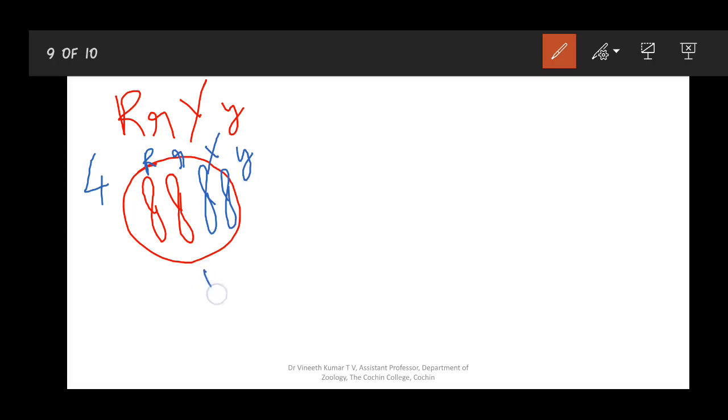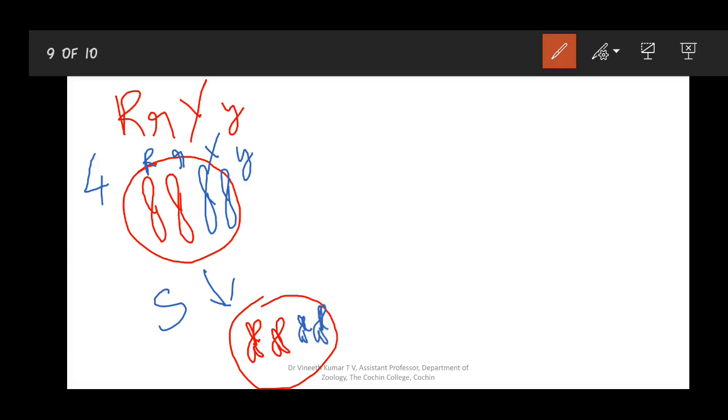So here the same process, S phase. After S phase, you will have a cell with 4 chromosomes like this, with 8 chromatids. Each is having 2 chromatids now. The actual shape is like this because I can't draw it exactly, so please consider this will be the shape of these.